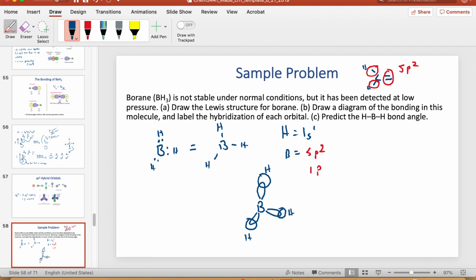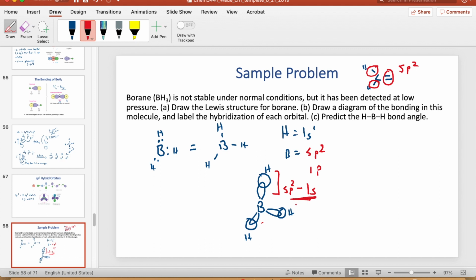Note that in each one of these bonds, I have sp2 from boron overlapping with 1s from hydrogen. This is the bonding diagram, showing the orbitals involved in the bond.